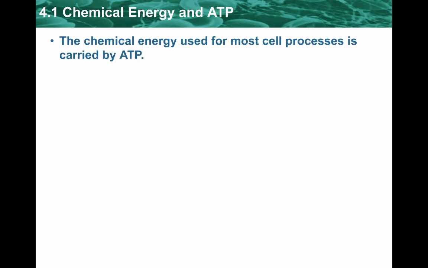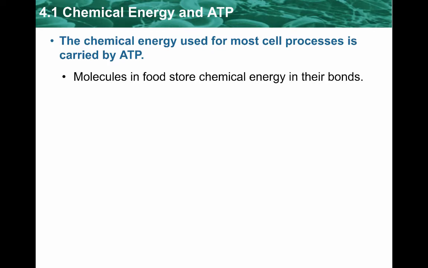So for most cellular processes, the type of chemical energy that we use is ATP. Now, ATP is a small packet of energy that we process and harvest from the energy that is stored in the bonds in the food that we eat.